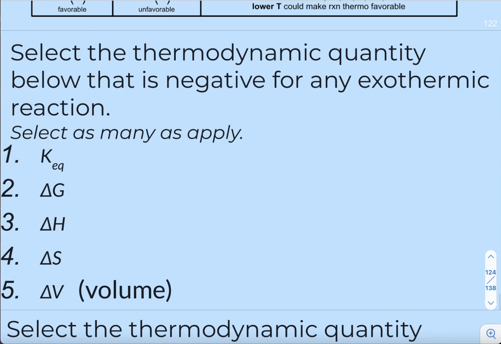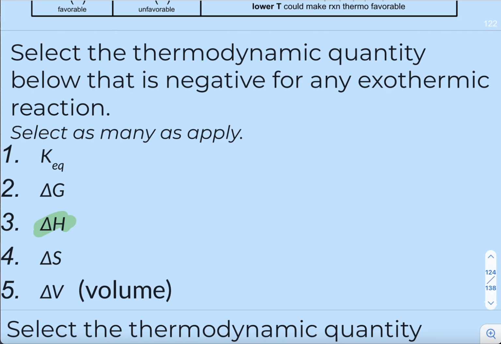Okay, select the thermodynamic quantity below that is negative for any exothermic reaction. Exothermic means heat is released. So we know that delta H is negative, but none of the other stuff has to be negative for an exothermic reaction.